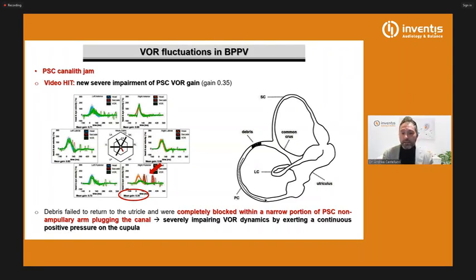So in this case, debris failed to return with the Epley maneuver and were completely blocked within a narrow portion of the non-ampullary arm of the posterior canal, completely plugging the canal, so severely impairing VOR dynamics by exerting a continuous positive pressure on the cupula, inhibiting the posterior canal.